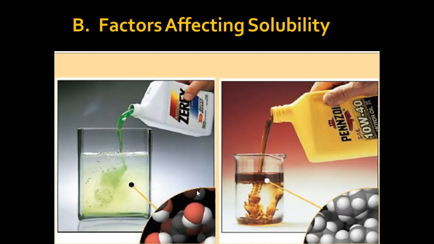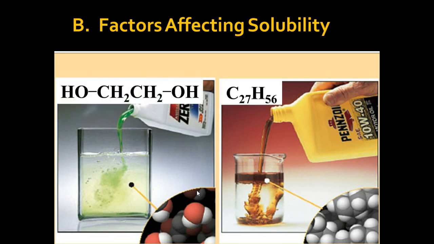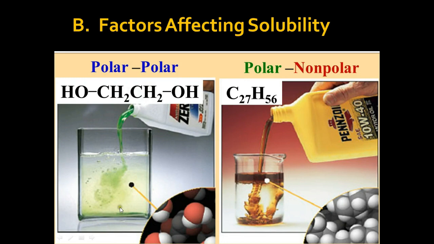And so again, just remember, polar dissolves polar, and polar and nonpolar don't dissolve. Because this is dissolving in water, we know that this substance must be polar, and because this is not dissolving in water, we know that, as most people know, oil doesn't dissolve in water, because oil is nonpolar and water is polar, so they don't dissolve in each other.